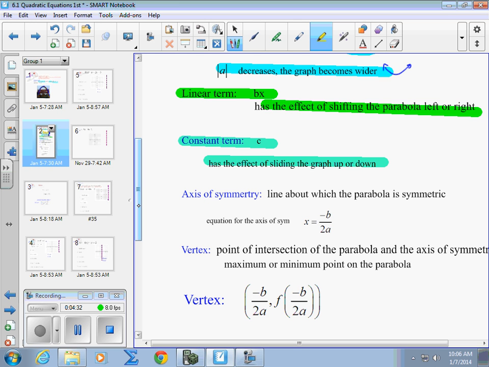The axis of symmetry is a line about which the parabola is symmetric. The equation for the axis of symmetry is x equals negative b over 2a.